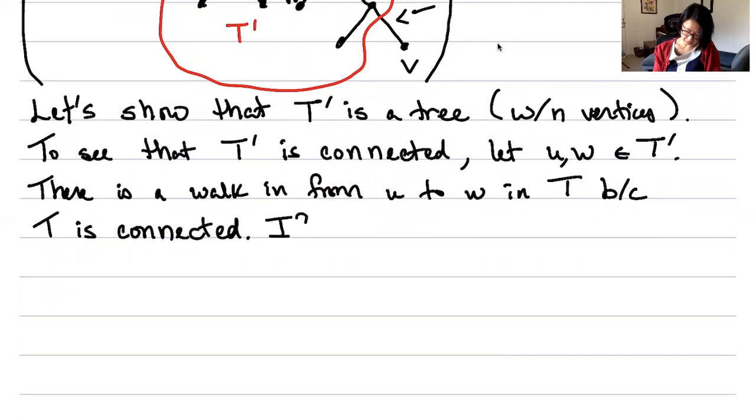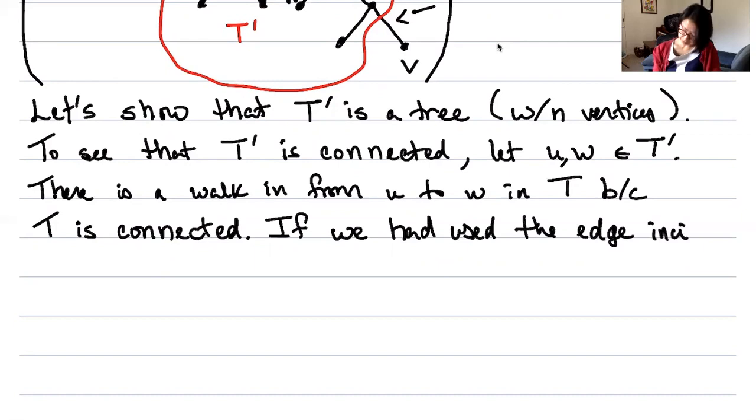And then if we had been silly enough to use the edge that's incident to V, we would just go directly back.